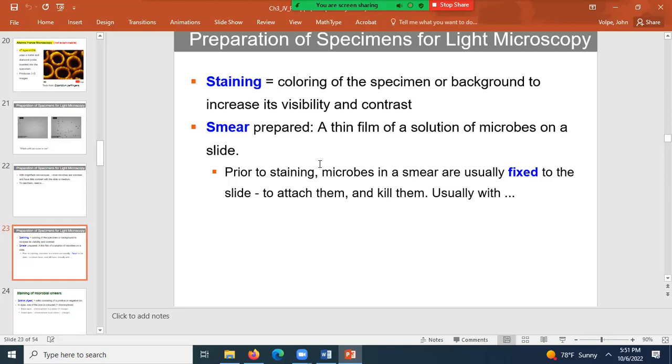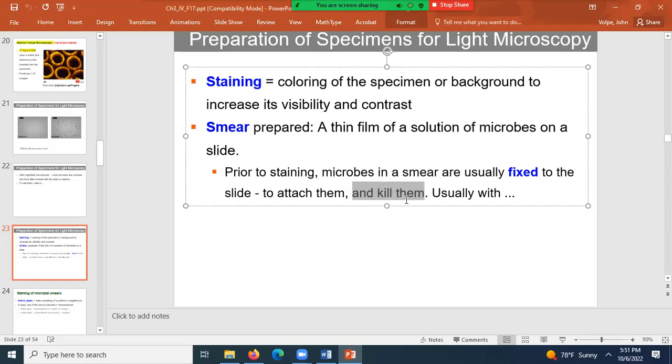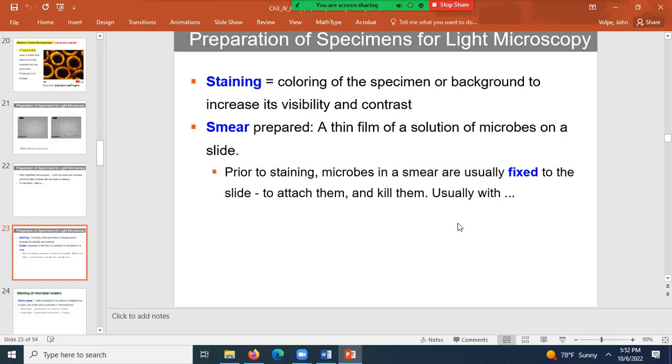Usually when you're making a bacteria smear, you will air dry the bacteria and then heat fix them to the slide. This has the added advantage that this kills many bacteria, but not all bacteria. We'll talk about endospores later in the term.